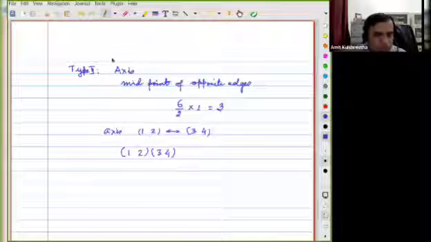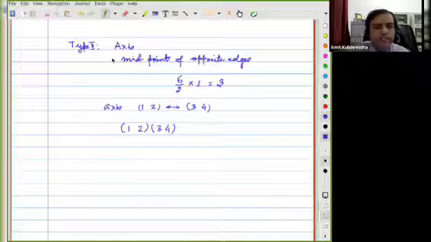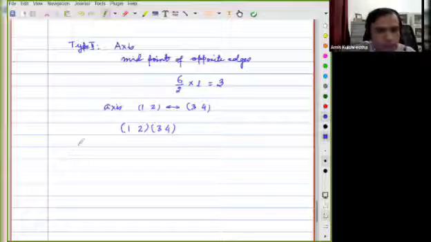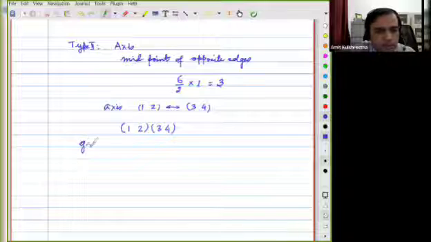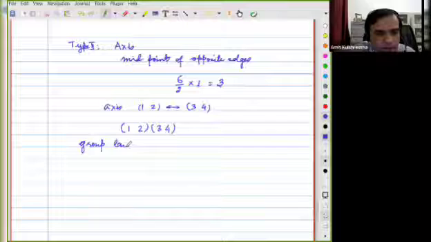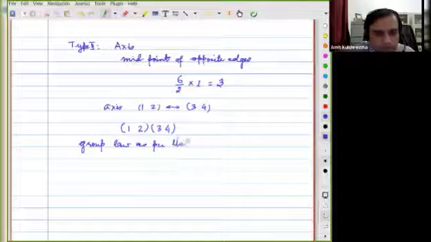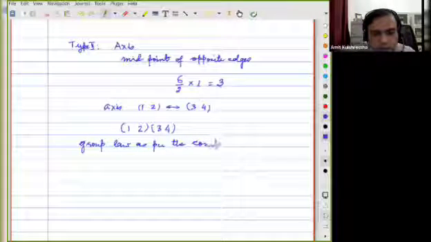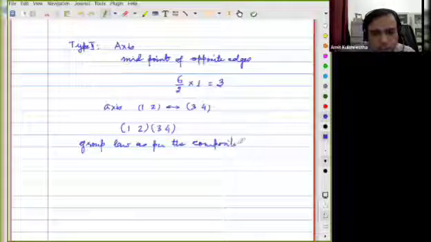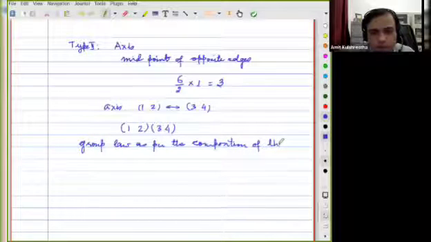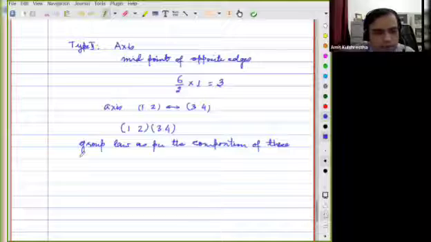Now we can list all of them and construct a group. So I actually have a group. For the group law, I can have composition of these permutations.